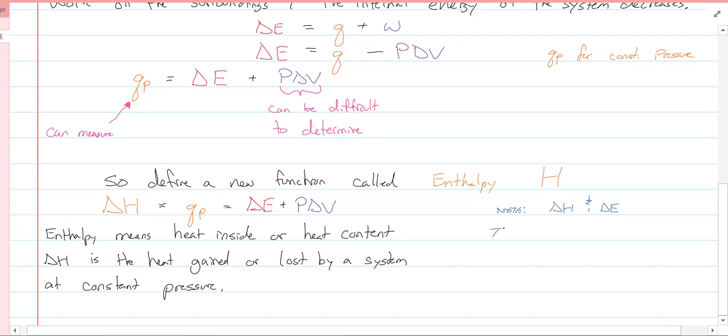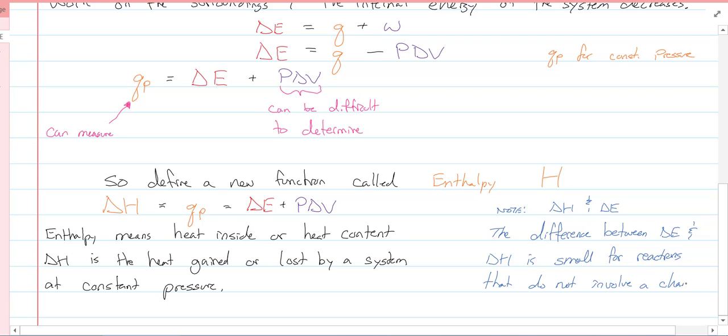The difference between delta E and delta H is small for reactions that do not involve a change in gas volume.